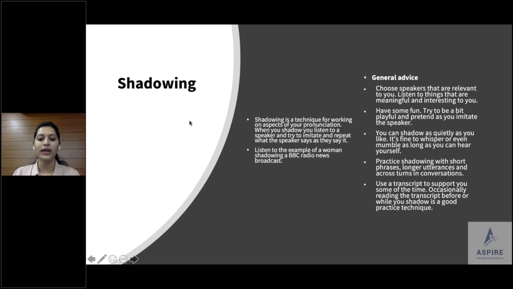You can shadow as quietly as you like. You can whisper or be loud, whatever you're comfortable with. Practice shadowing with short phrases, longer utterances, and across turns in conversations.